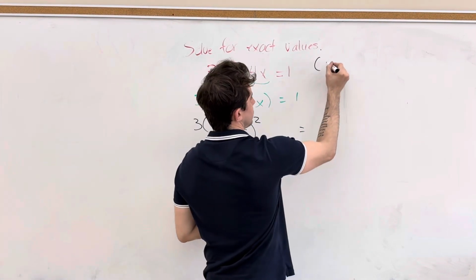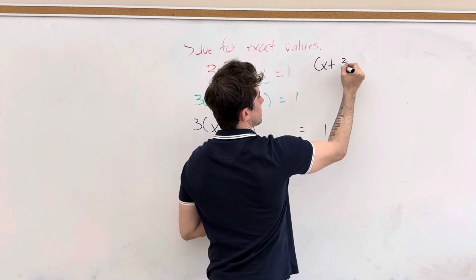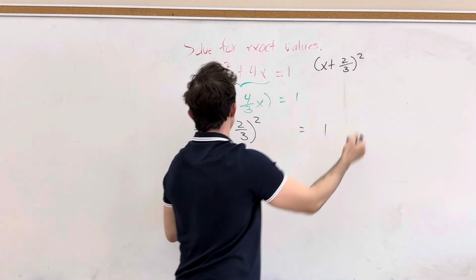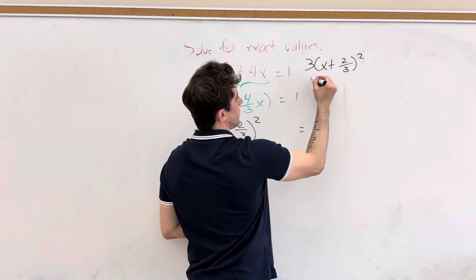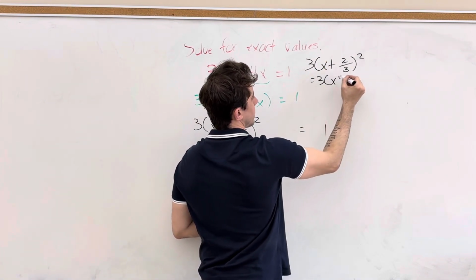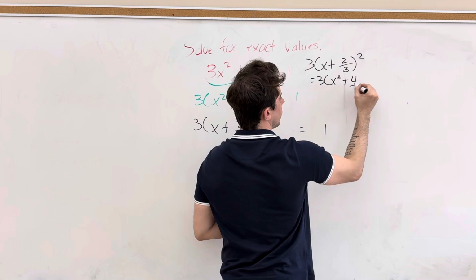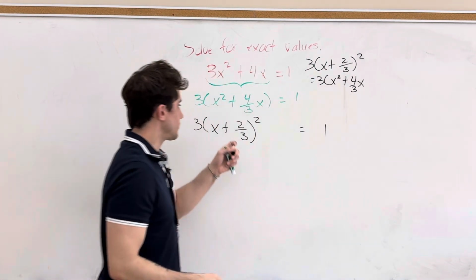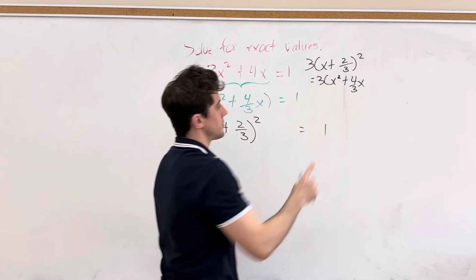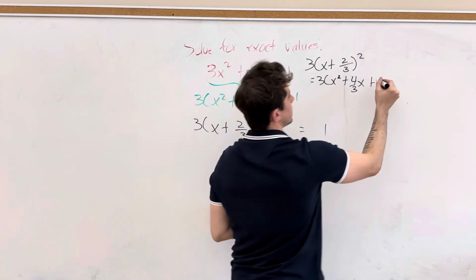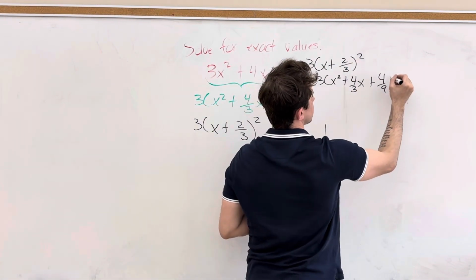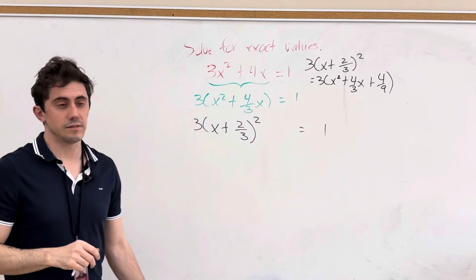Now, if we expand x plus 2/3 all squared with the 3 that we know is hanging around out front, this becomes 3 times x squared plus 4 over 3x, just as we had before. But there's also the plus 2/3 squared, meaning 4/9 part of it as well.